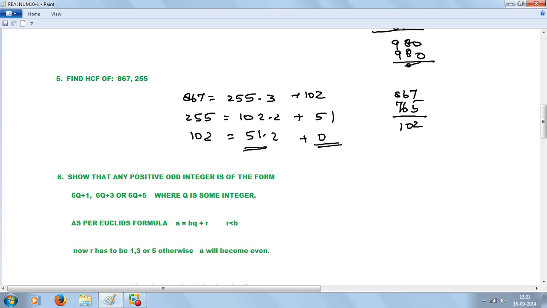Therefore 51 is the HCF, the highest common factor. Okay. So we can try by our traditional method and also compare.